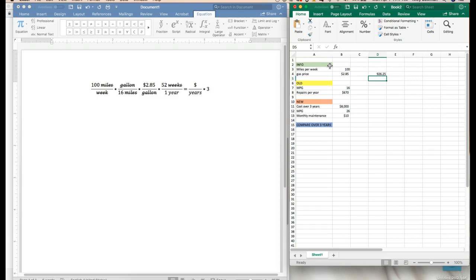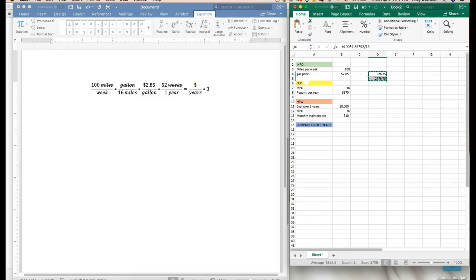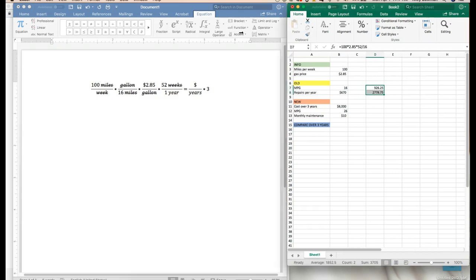Okay, so we're going to get this. We have $926.25, and then we can times it by 3 there. We can times it by 3 after. It doesn't matter, but just for notation's sake, I'm going to multiply it by 3 now. And this tells me how much total, oh, I should have done this down here. This is the old car, and that's miles per gallon. So this is the cost for gas.